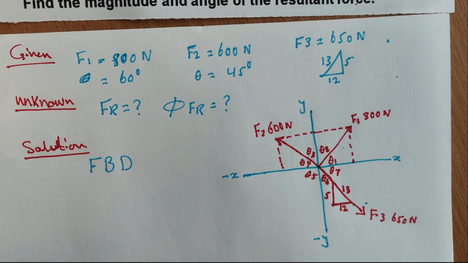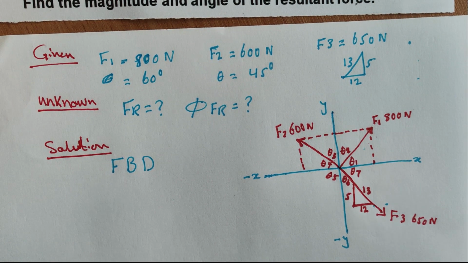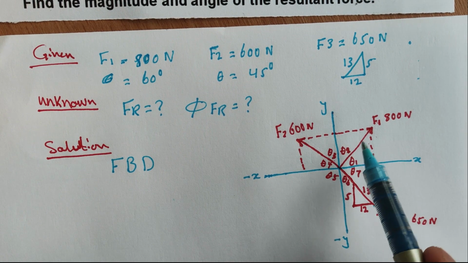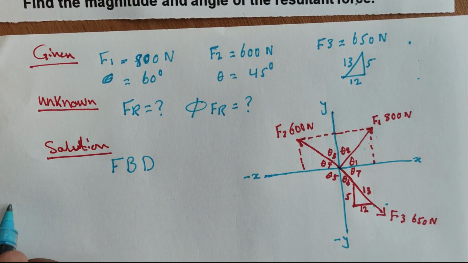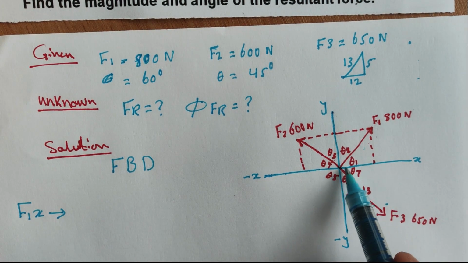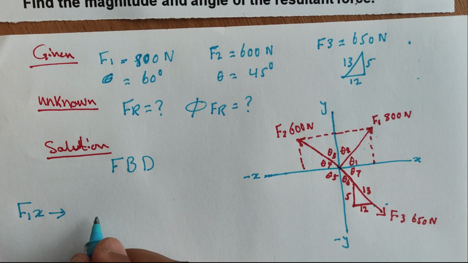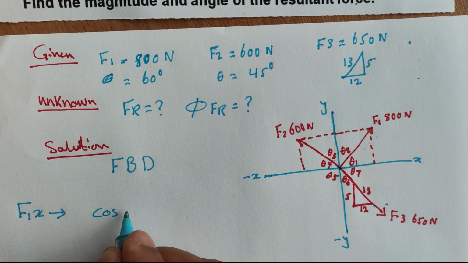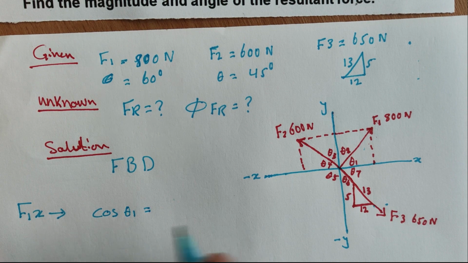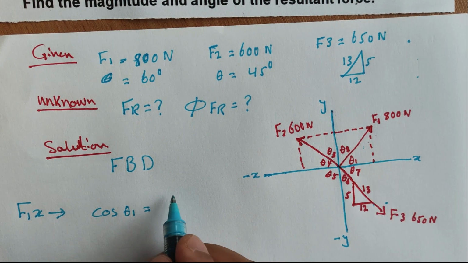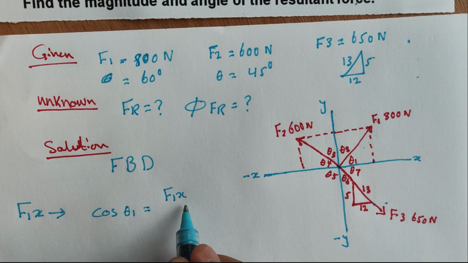Now solving for F1 in the x direction. Cos theta 1 equals adjacent over hypotenuse, which is F1x divided by F1.